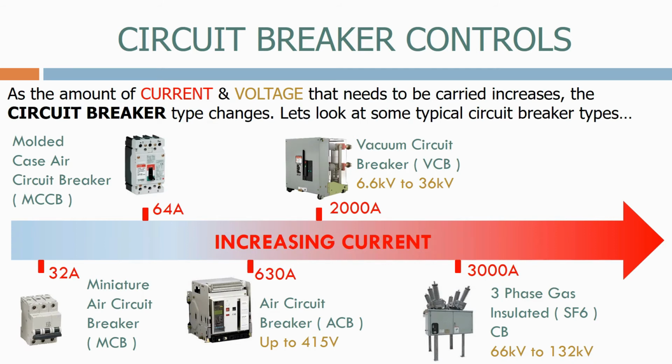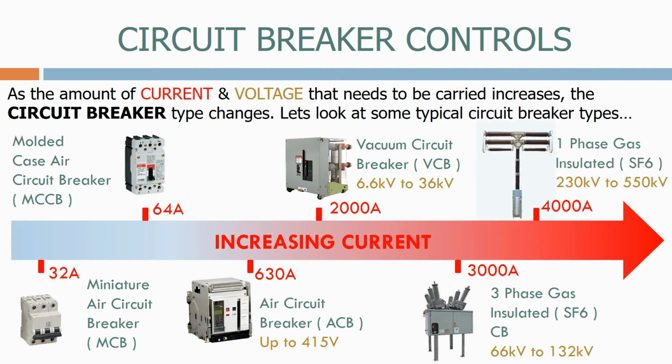These are used on system voltages from 66 kV to 132 kV, and up to a current rating of 3000 amps. Finally, we have the highest rated circuit breaker we can buy, which is the single-phase gas-insulated circuit breaker. These are used on system voltages from 230 kV to 550 kV and a current rating of up to 4000 amps.